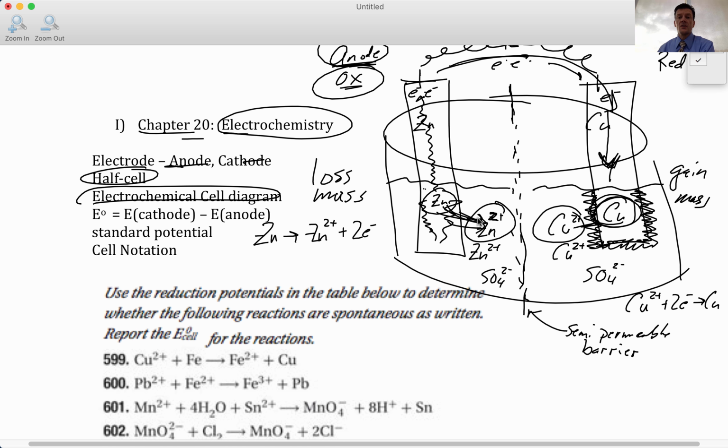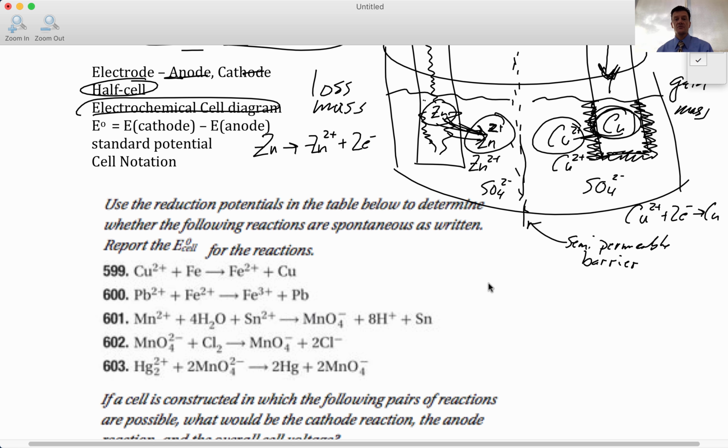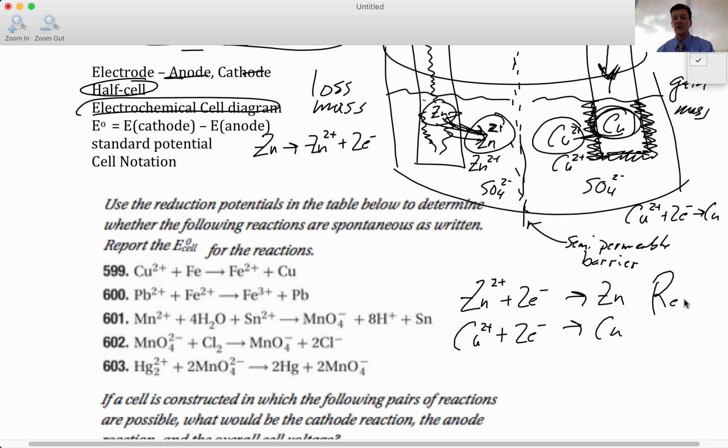Now, I drew this and told you that the left side is oxidation, the right side is reduction, which is usually the way that we're going to draw it. But if I just gave you half reactions, like zinc 2 plus picking up 2 electrons, turning into zinc metal, and copper 2 plus picking up 2 electrons, turning into copper metal, these are both reduction reactions.